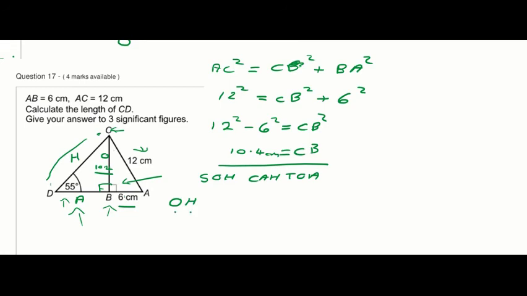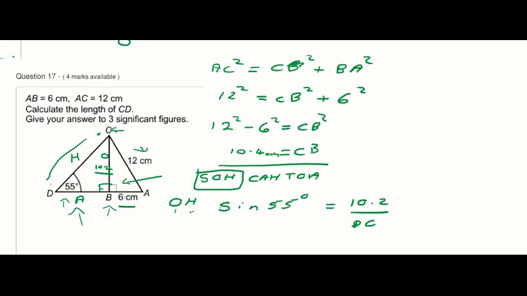So the ratio I'm going to use has to have the opposite and the hypotenuse in, and so that's sine. So what I can say is that the sine of 55 degrees is equal to the opposite over the hypotenuse. The opposite is 10.4. The hypotenuse, well, we don't know that yet. It's DC or CD.